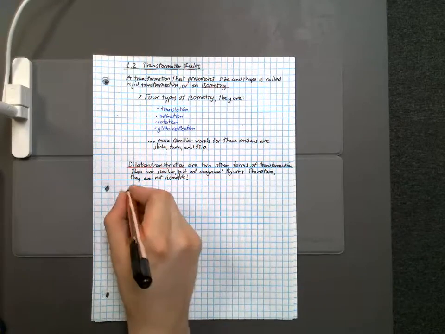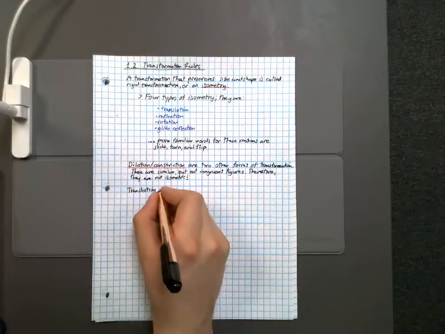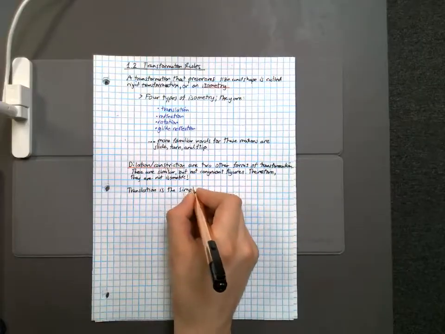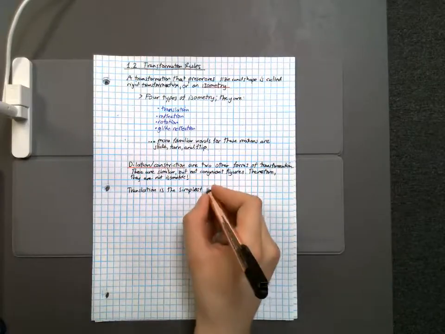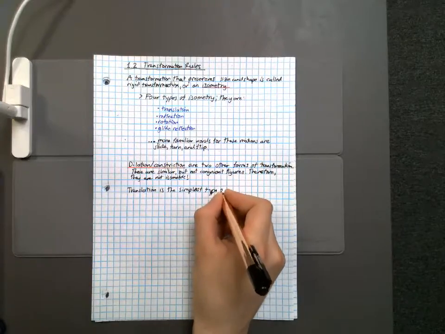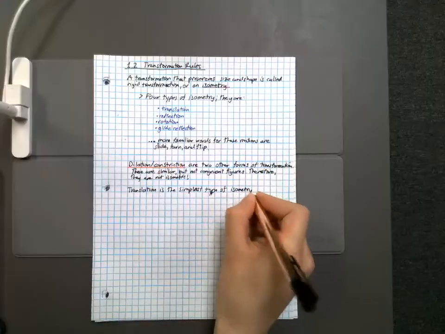Another thing to keep in mind is that the translation is the simplest type of isometry.